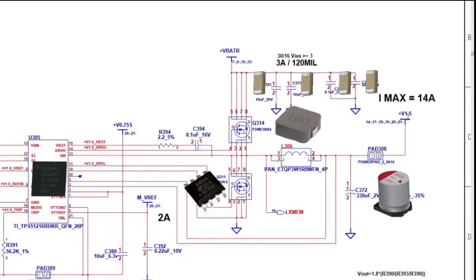So the short could be here in this part where we have high voltage, or in this part where we have low voltage. So the first step is to separate the high voltage from the low voltage. How? By removing this MOSFET.